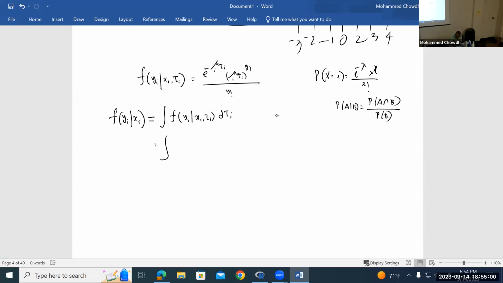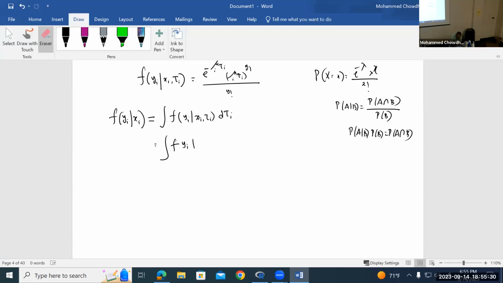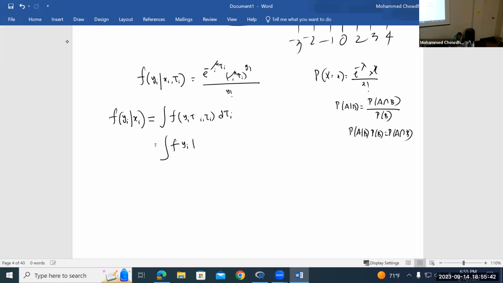If you multiply these two things, you end up with the probability of A given B times the probability of B equal to the probability of A and B. So now, f(y_i, tau_i given x_i) I want to write as f(y_i given x_i, tau_i) times f(tau_i).